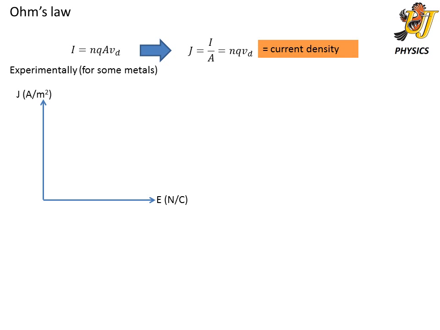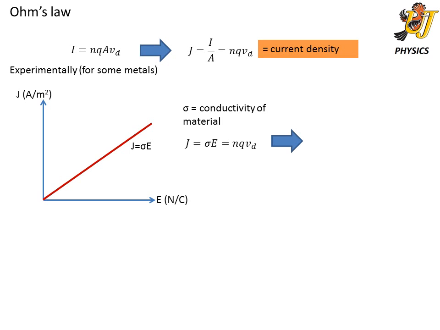We can look at this motion more precisely for a class of very special conductors called ohmic conductors. Ohm's law relates the current density, defined as the amount of current per unit cross-sectional area in a conductor, to the electric field inside the conductor through a simple linear relationship, where the constant of proportionality is just called the conductivity of the material.